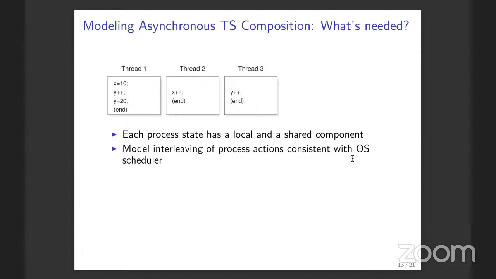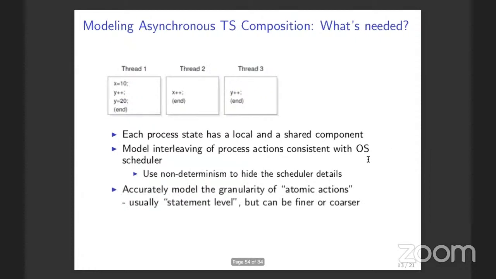By the interleaving semantics, we assume that only one thread can be scheduled at any particular point. And we model it in such a way that any arbitrary interleaving is possible, which effectively means the scheduler is completely abstracted. And we will use non-determinism to define the combined system.